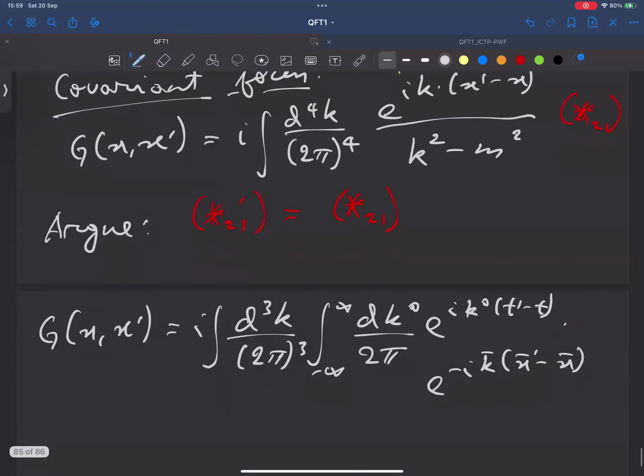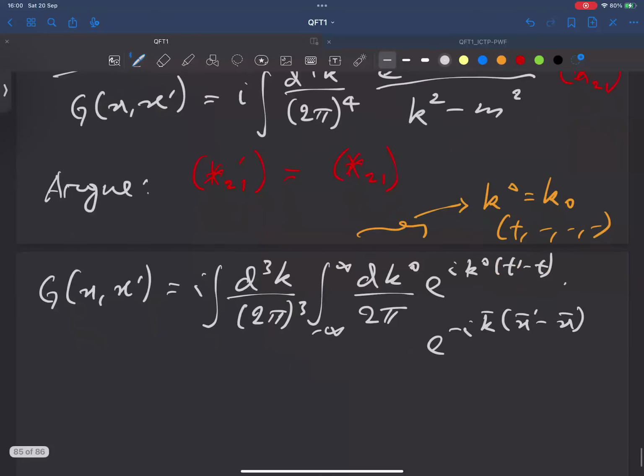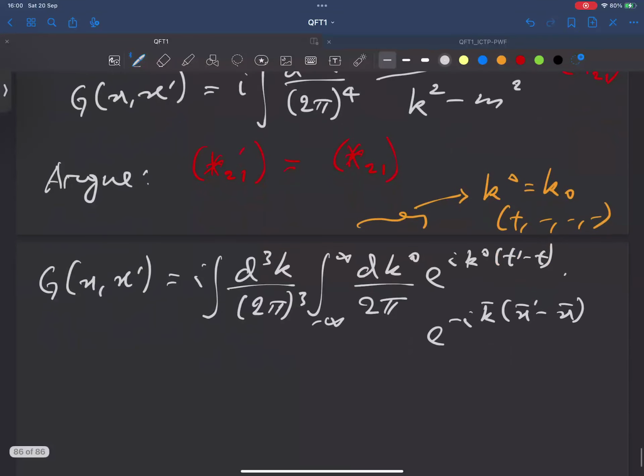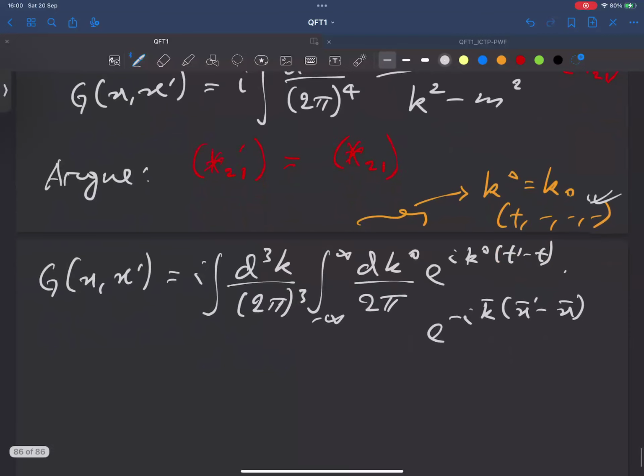One small thing: at times I will be writing k0 and k^0 without any difference, but you know that in our convention, which is plus minus minus minus, they are essentially the same. I'll try to be consistent, but at times I will switch up and down in the time index, but it's fine in this convention.